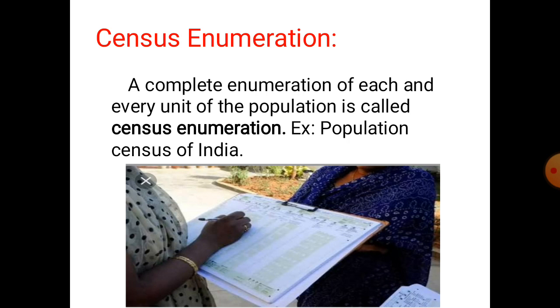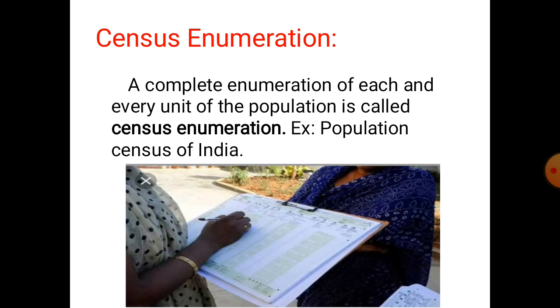Example, population census of India, which will be conducted once in every 10 years, is a census enumeration. So you might have seen teachers visiting your home and asking the information regarding your family members. How many members are there in your family?